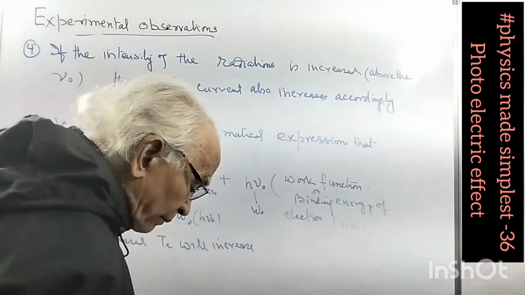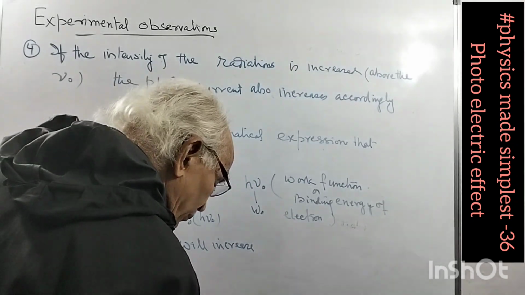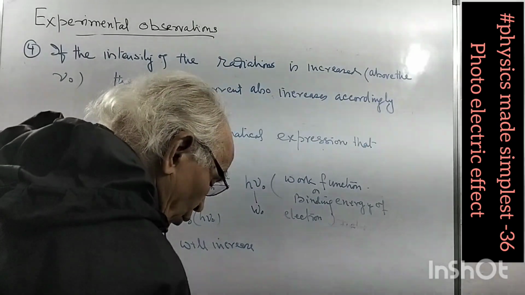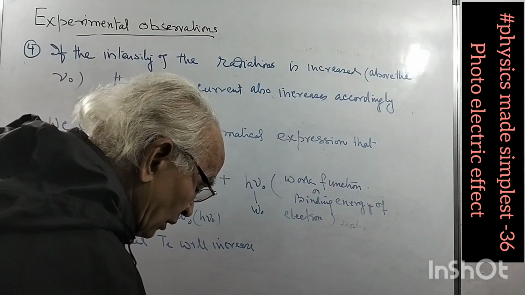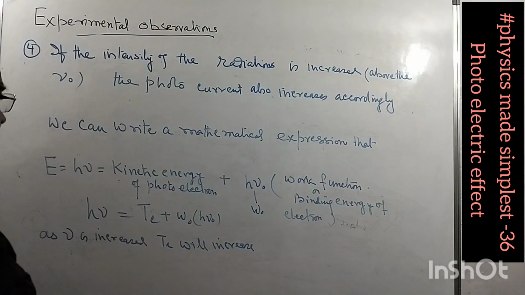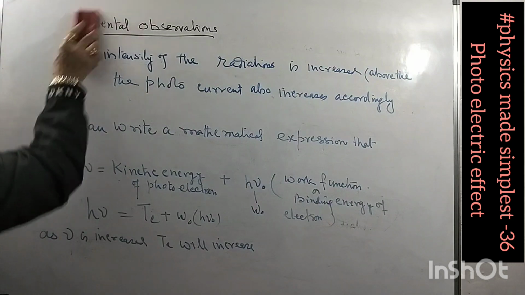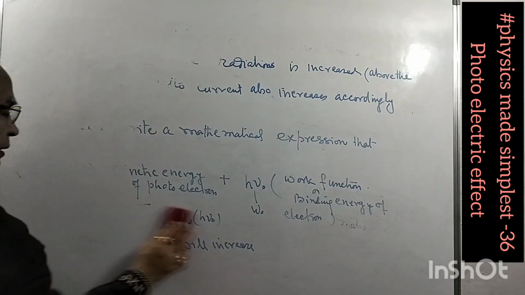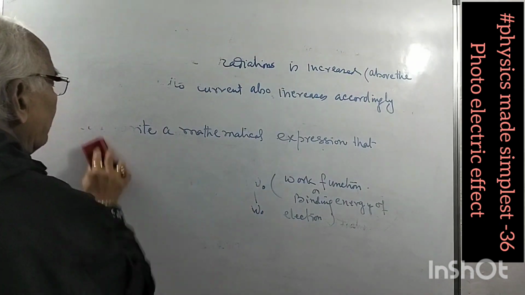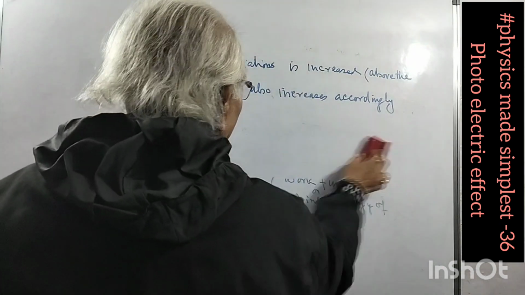You can observe by the same experiment, one type of the experiment, by changing the frequency or by changing the wavelength, means by dropping the light of different frequency or different wavelength, you can do the experiment.